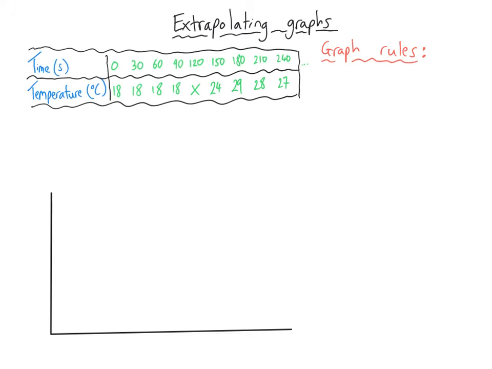Then we would take a graph paper and we would plot our graph, and on the y-axis we would have temperature in degrees Celsius, and on the x-axis we would have time in seconds.